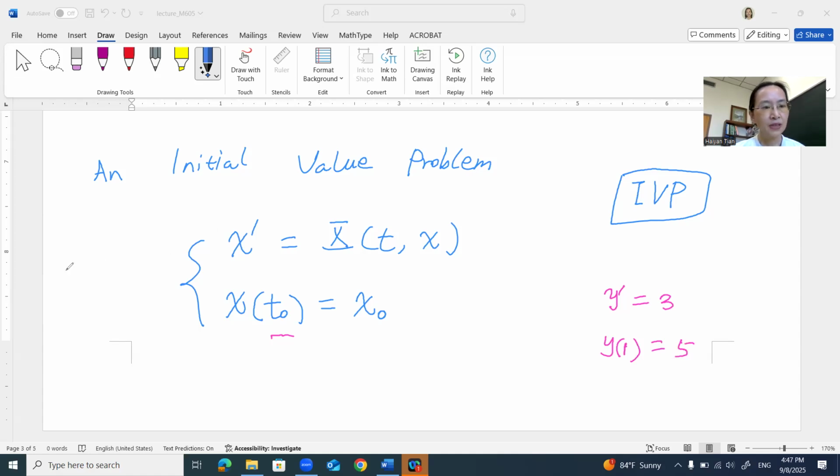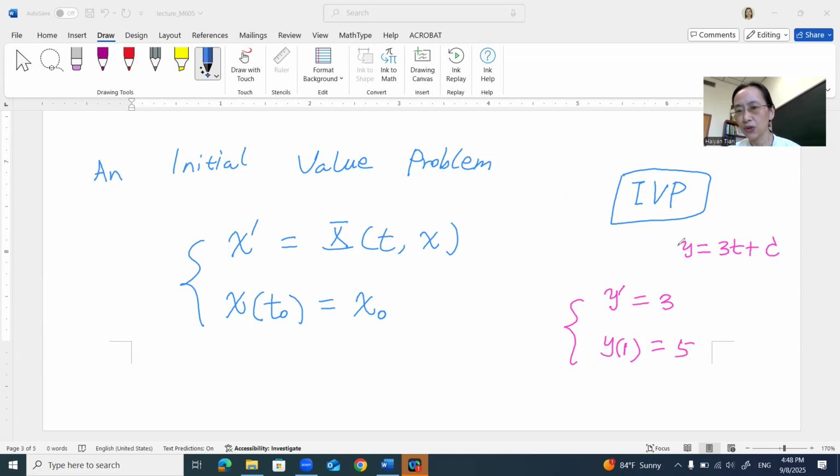What does that mean? This is a very familiar problem you've solved before. So let's quickly solve it. Y derivative is 3, so y is a group of lines with slope of 3. So y must be 3t plus a constant.